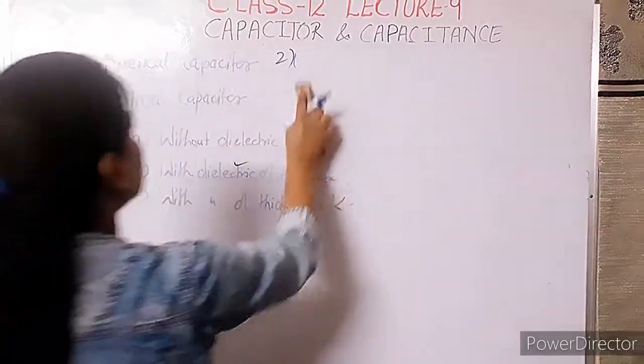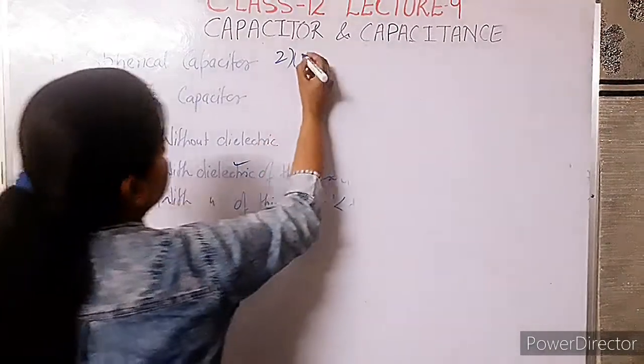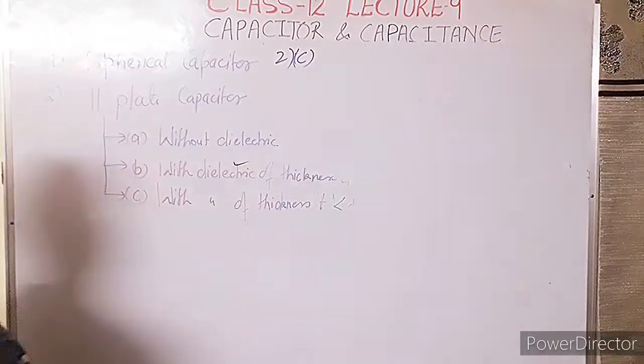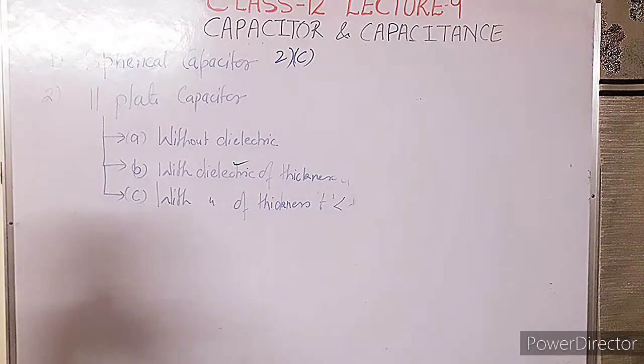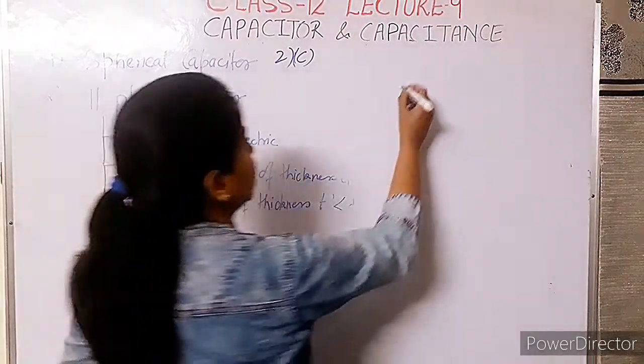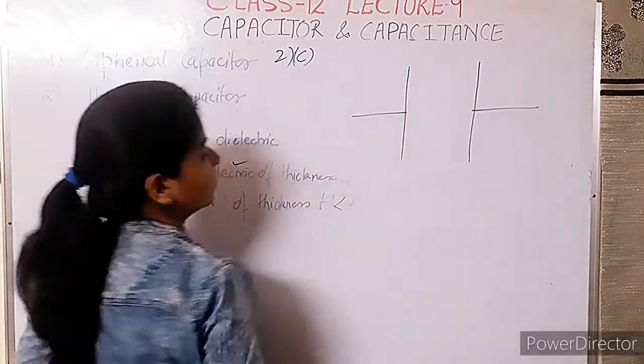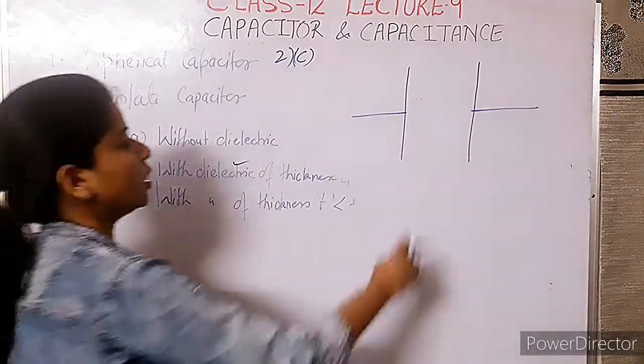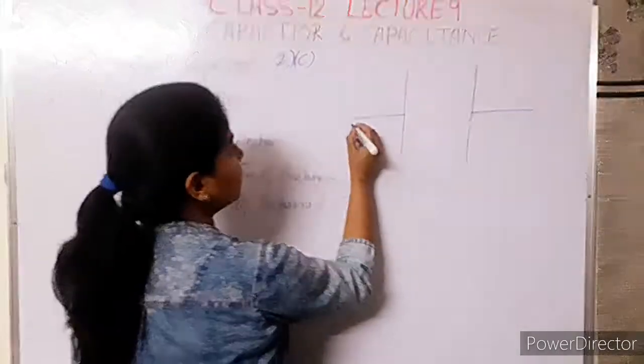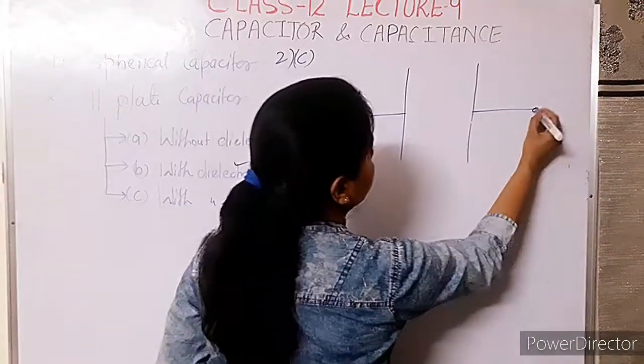Now come to the third case, that is case C, with dielectric of thickness T which is less than D. Now what we have to do, this plate is positive charge, this plate is negative charge.